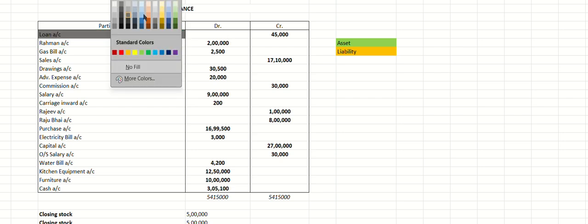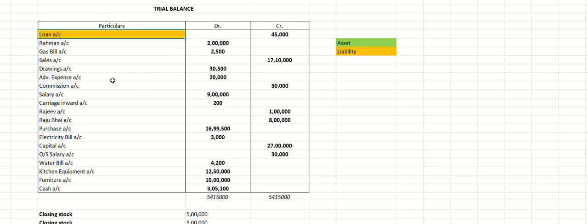Thus we can fill it with orange. Also remember one thing, a liability will always have a credit balance, whereas assets will always have a debit balance. So here loan, which is a liability, has a credit balance. Now we can move to the next thing.